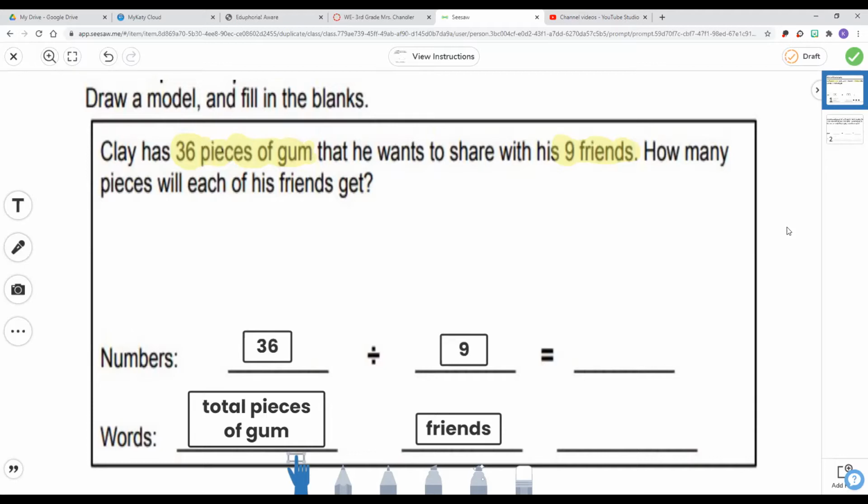You think you can do it? Y'all ready? So I've given you the equation for the first one and the words for the first one. Now all you have to do is make the groups, count out 36 into each group, and then give me the final product. Give me the number. Okay? All right.